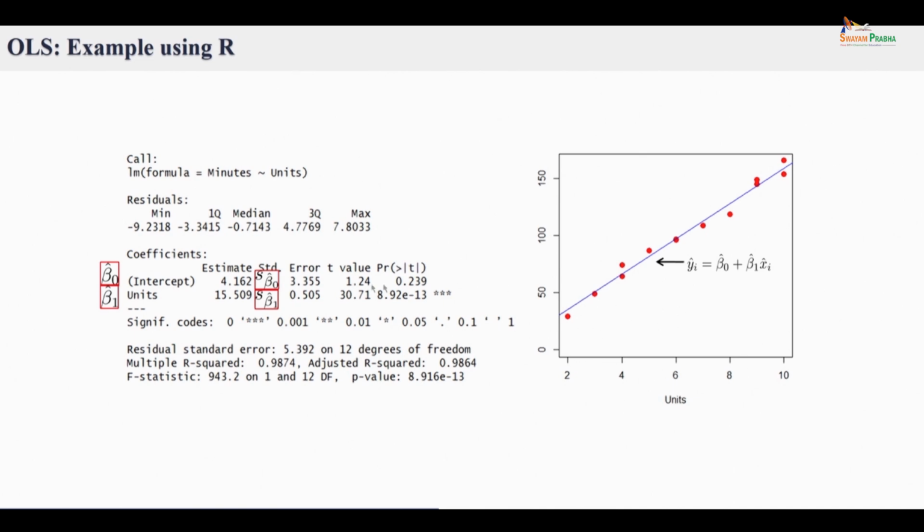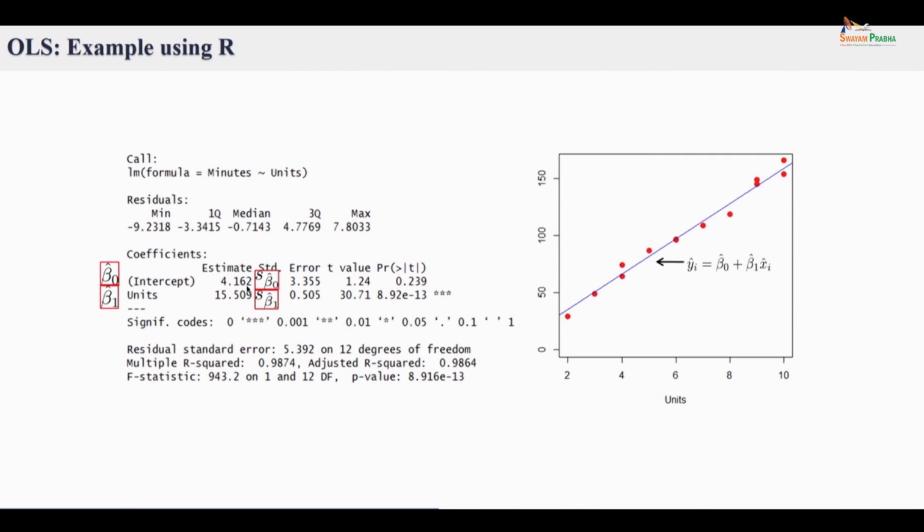We have fitted the data using R. Remember that lm is the function which we call for fitting a linear model, and here the dependent variable is minutes and the independent variable is units, and once we have fitted this using the R function, it gives out all of this output, and it gives you the coefficients.